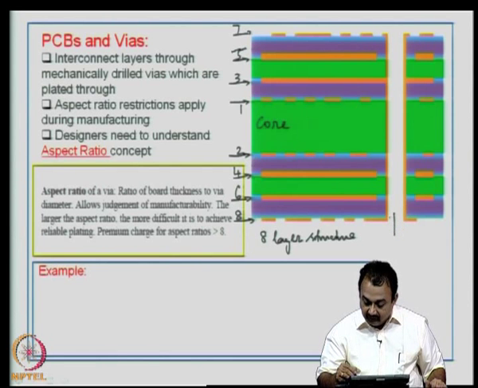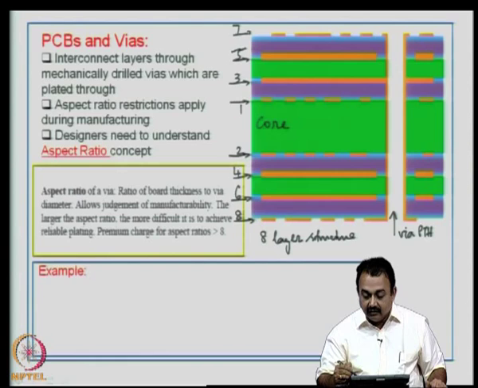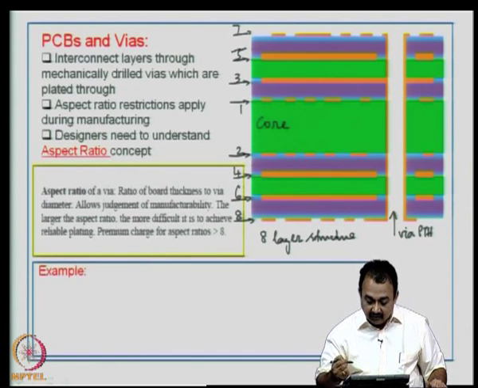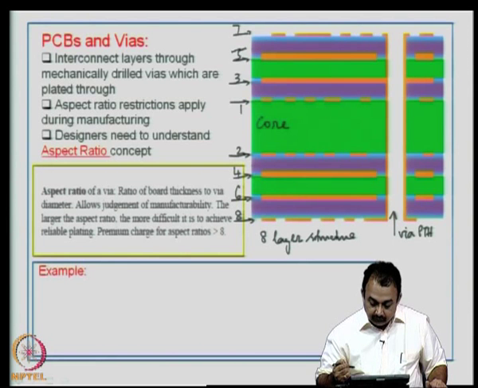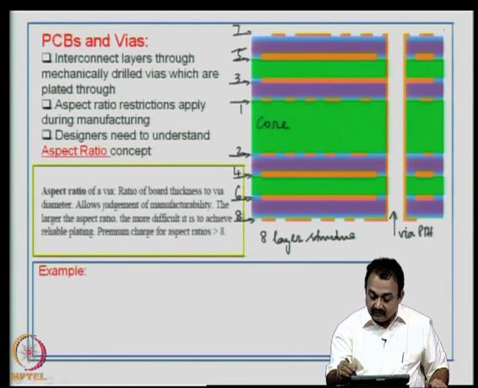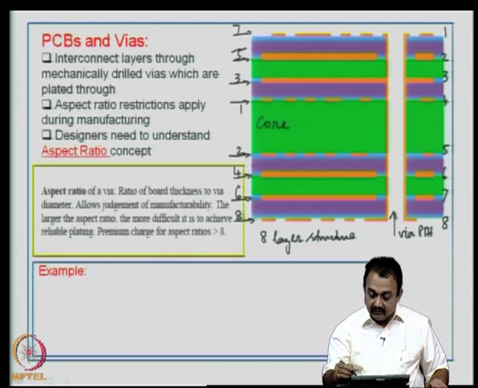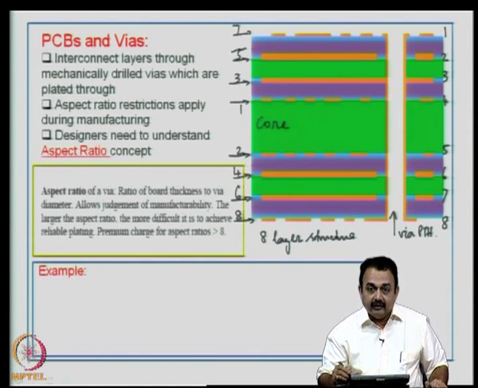In this you have a via which is a plated through hole, connecting the top electrical layer to the bottom electrical layer. In some other notation you can call this 1 and 8, 2, 3, 4, 5, 6, 7 and 8. So, typically now you can say layer 1 and layer 8 electrical layers are connected by a mechanically drilled through hole structure.